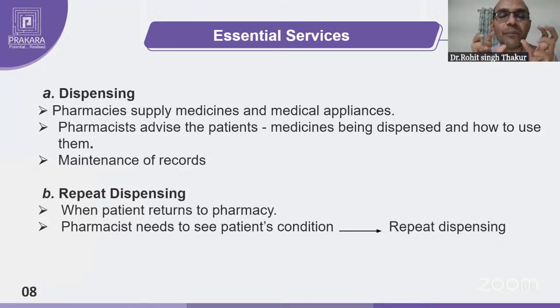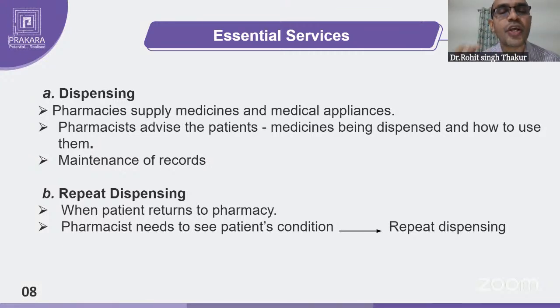Now, let's see the dispensing as an essential service. Now, students, again at community level, it is not only dispensing the medication. You, as a pharmacist, also try to advise the patient, apart from dispensing, on regular usage of that medication.